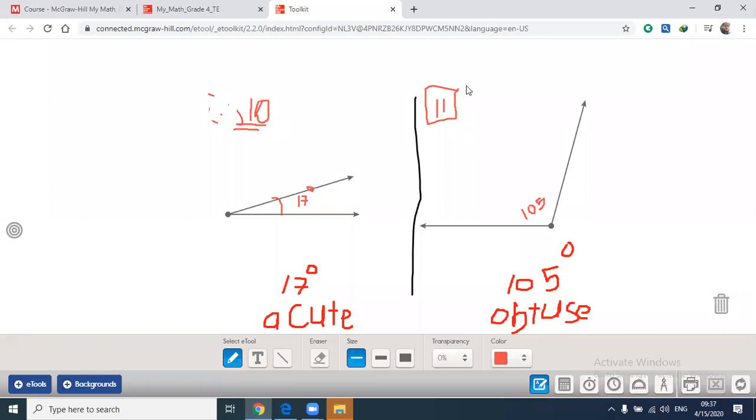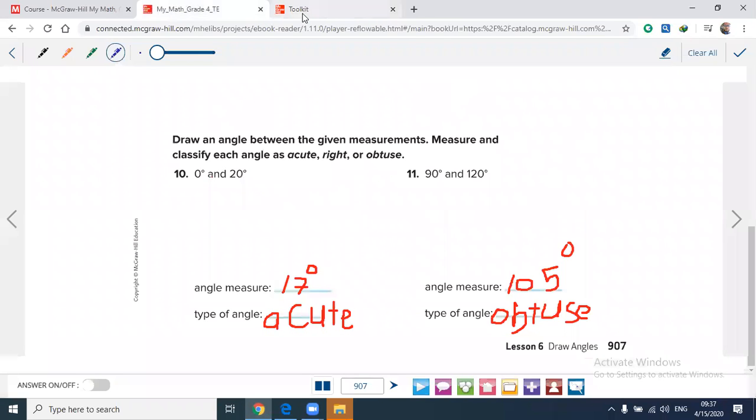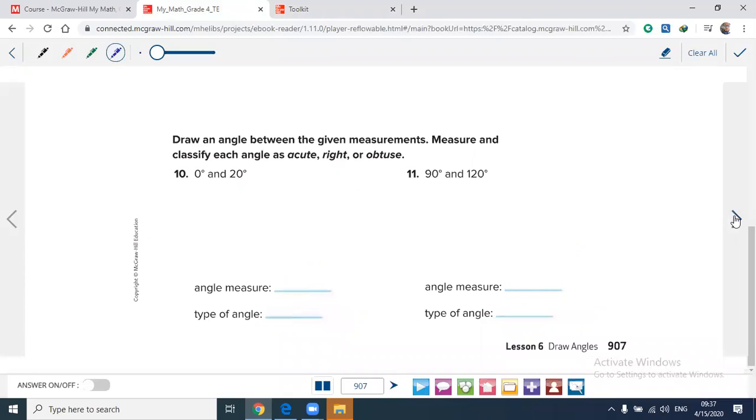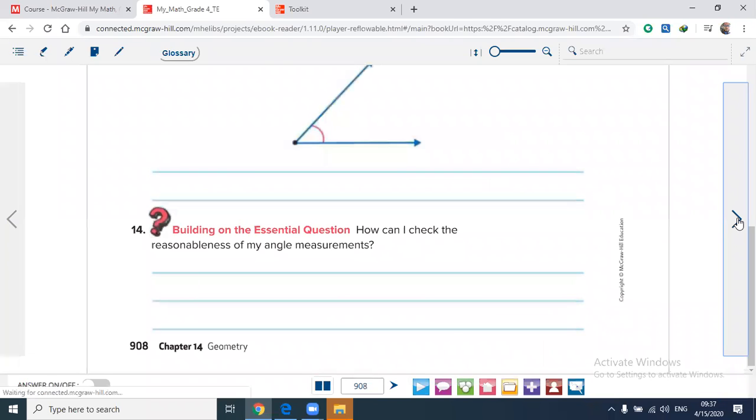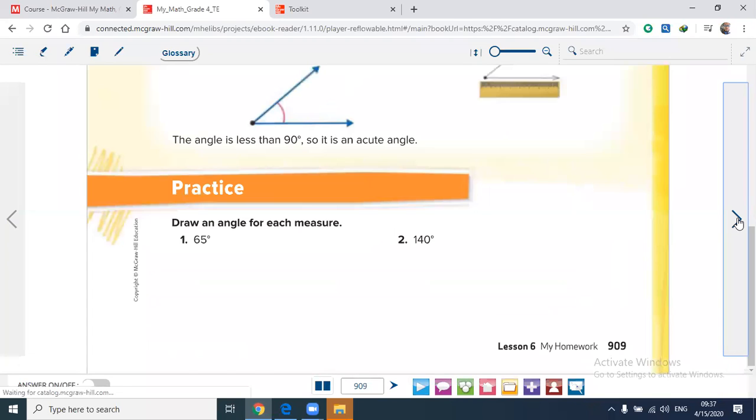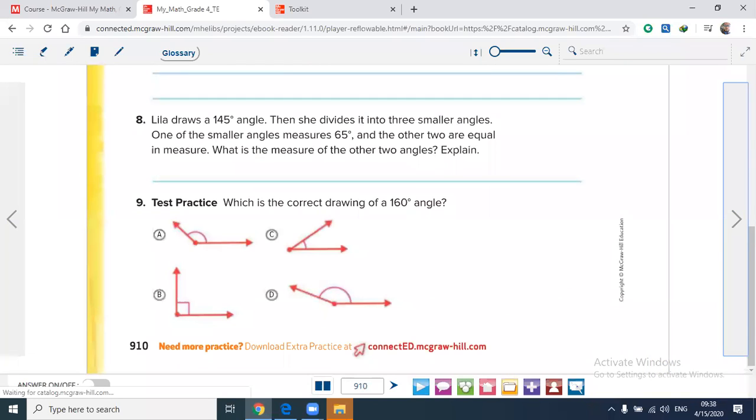Now the homework will be page number 909. Please, guys, all of you, in your book, page number 909 and 910. Draw these angles in your book, and then send them to me by WhatsApp, please, to check your answers.